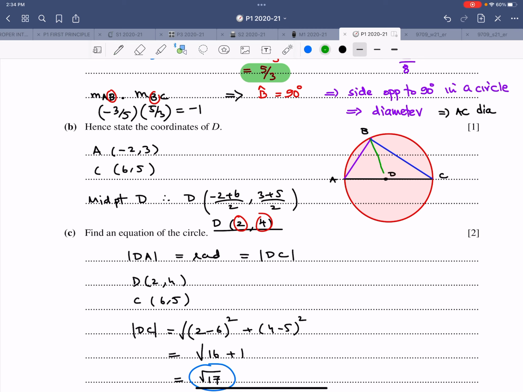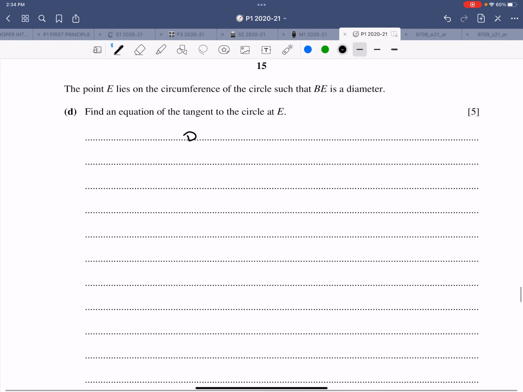So that is something like this. This is just a rough diagram. So therefore, this is E. In other words, D is still the center, the midpoint of B and E.